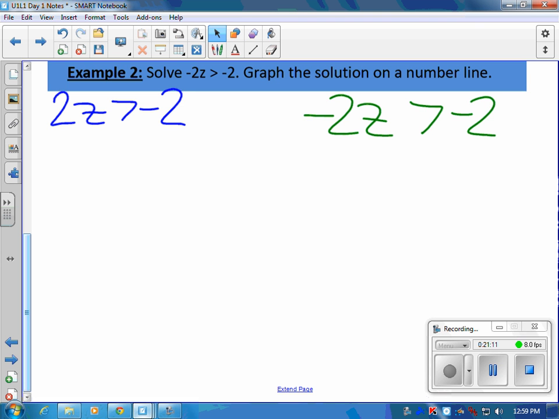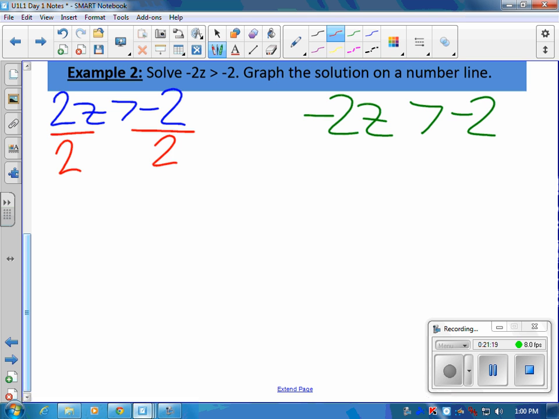Okay, why divide? I have to do the opposite. I see multiplication in my problem, so I'm going to do the opposite, and I'm going to divide both sides by 2. So 1 times z is z, and then we have negative 2 divided by 2 is negative 1.